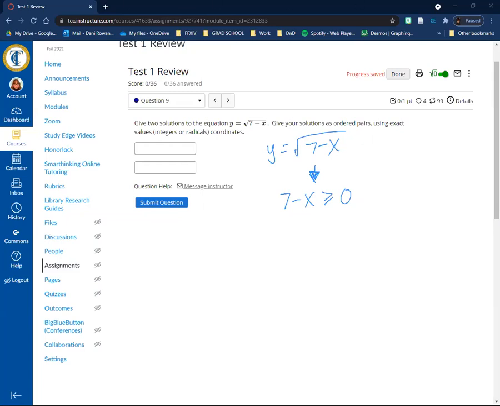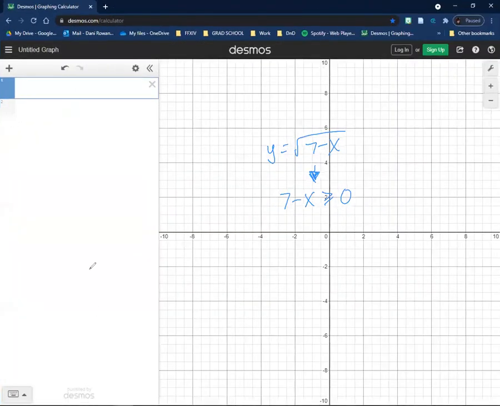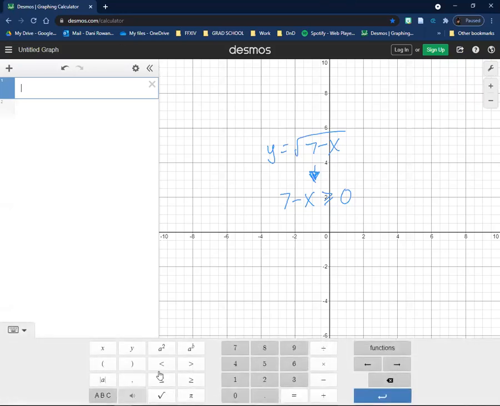I'll actually pull up the graph of it. Can you guys see this? See Desmos? Yeah. So if I were to put in the square root of -1, notice it says that it's undefined.